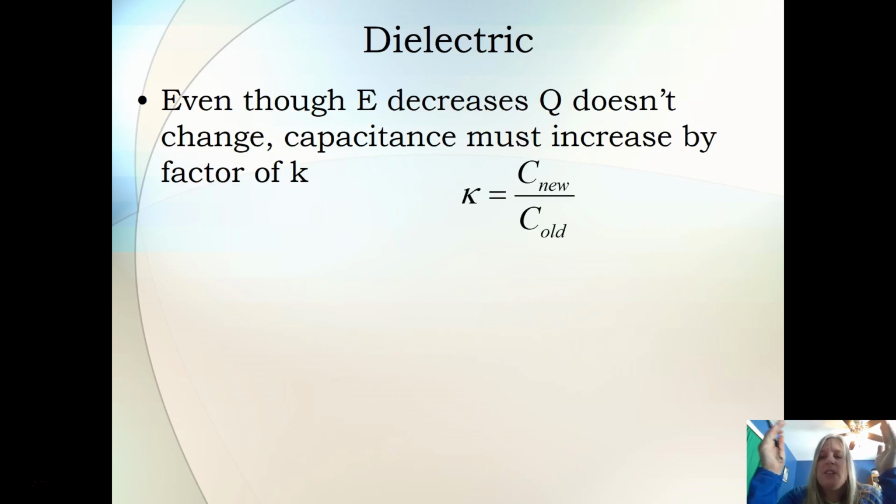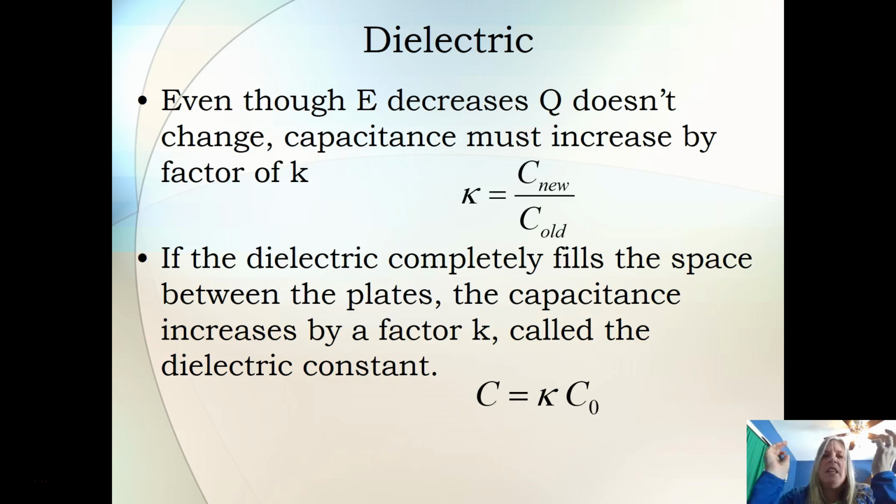So even though the electric field decreases, the charge doesn't change, right? We didn't change the area of the plates. We didn't change the separation. And so the amount of charge on the plates is still the same. And therefore, if the electric field decreased and the charge didn't change, well, then the capacitance must have increased.